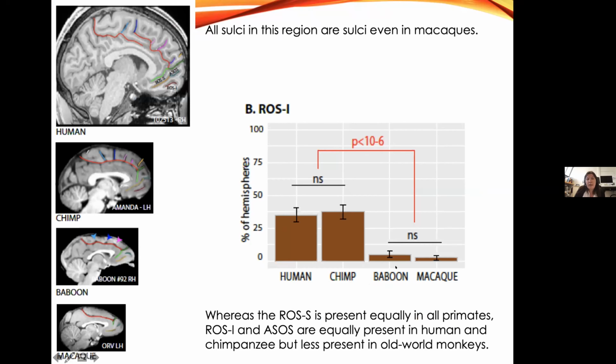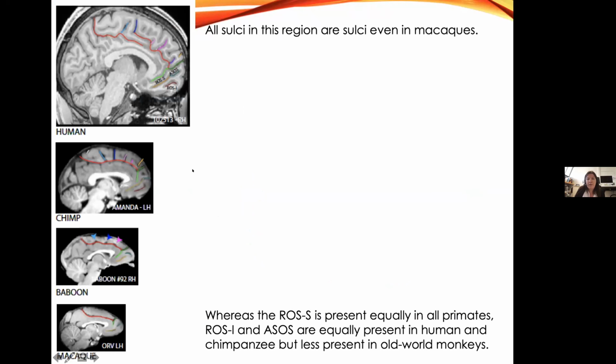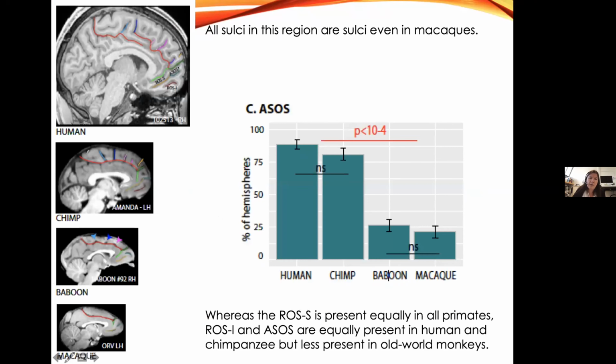In baboon and macaque, there is a big difference. It's almost never there. And the final one is the accessory supraorbital sulcus. I know they are weird, crazy names, but at least we can identify them. Again, we see a big difference between hominids and old world monkeys, but still, baboon and macaque have it. So this ventromedial frontal cortex is also well preserved.